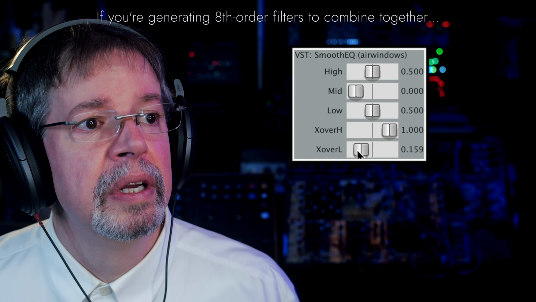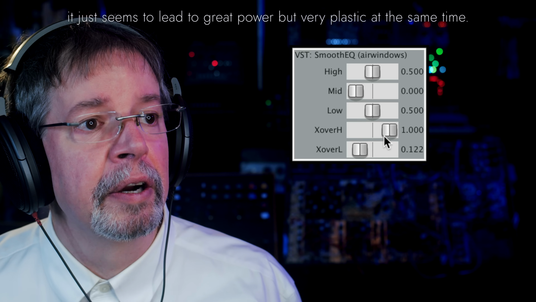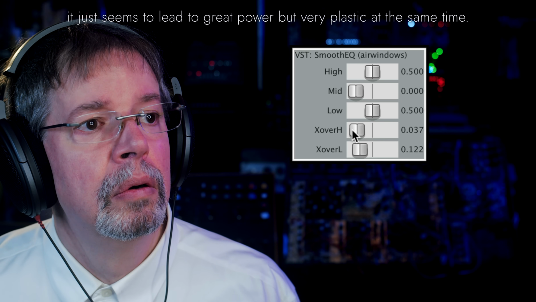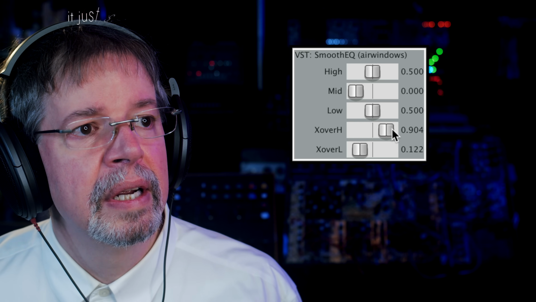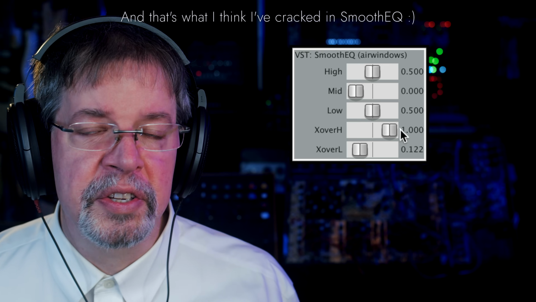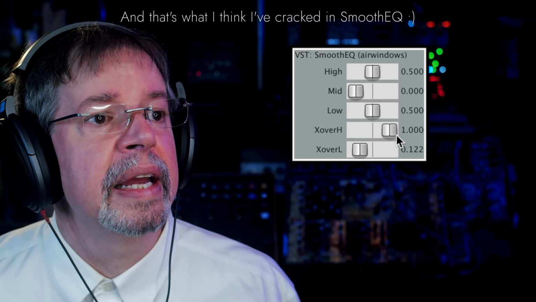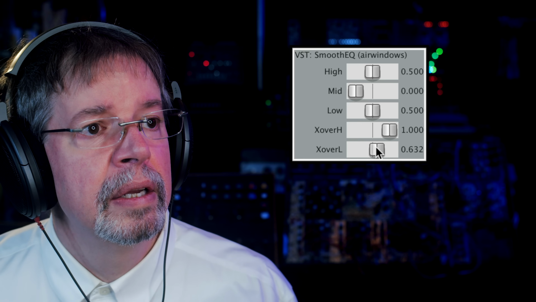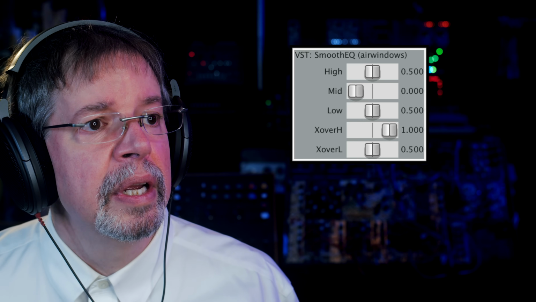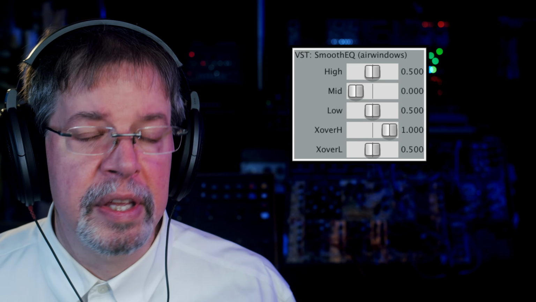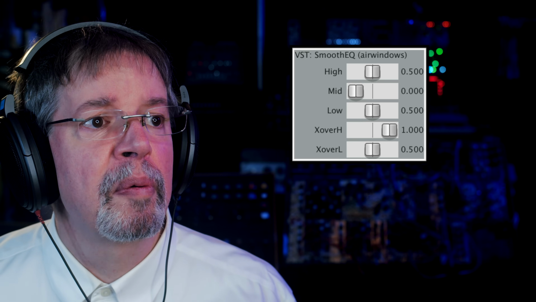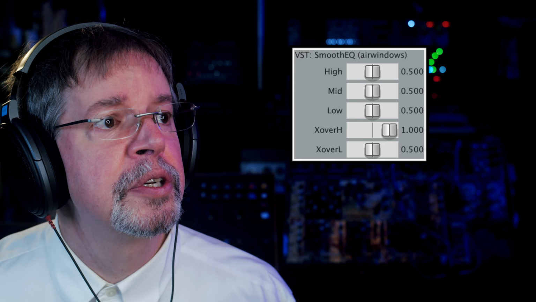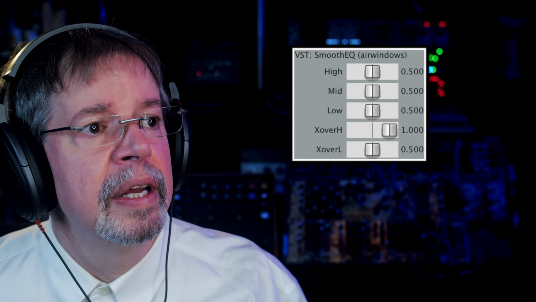For instance, if I drop the lows down here, that high filter is able to sweep down into the lows, and the low filter is able to sweep up into, it's made out of the mid-range, so the crossover between the high and the mid-range does affect what the low is able to do, but they all add up to flat when you finish with them.